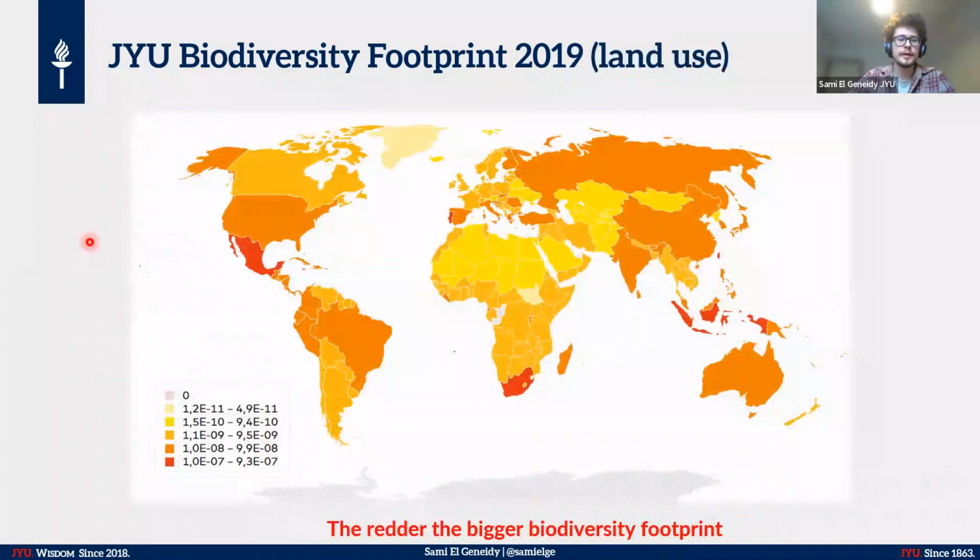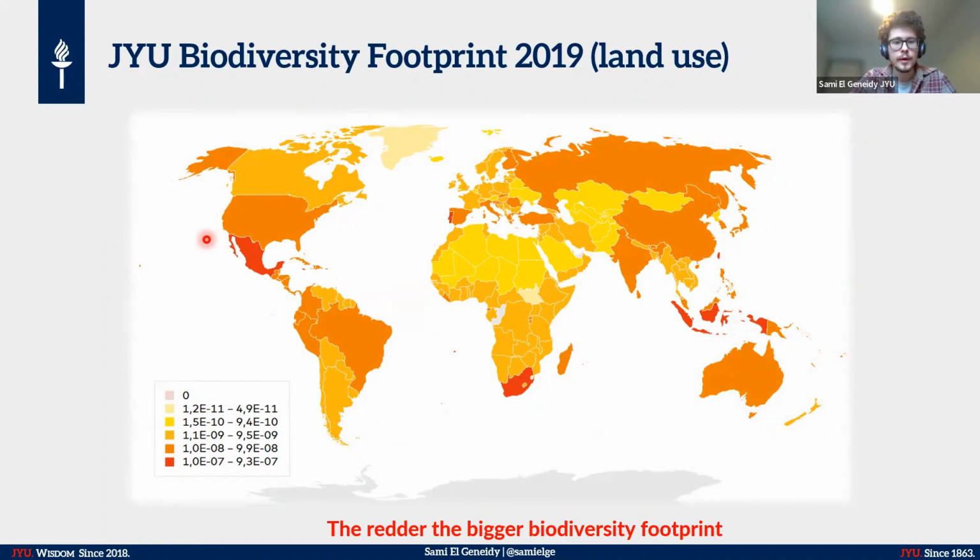Let's have a look at another result that we can derive from these. Here is a spatial assessment of where our biodiversity footprint is the most intensive in the world, because we consume things that have complex supply chains. We have tried to assess where the environmental impact in those supply chains happens.